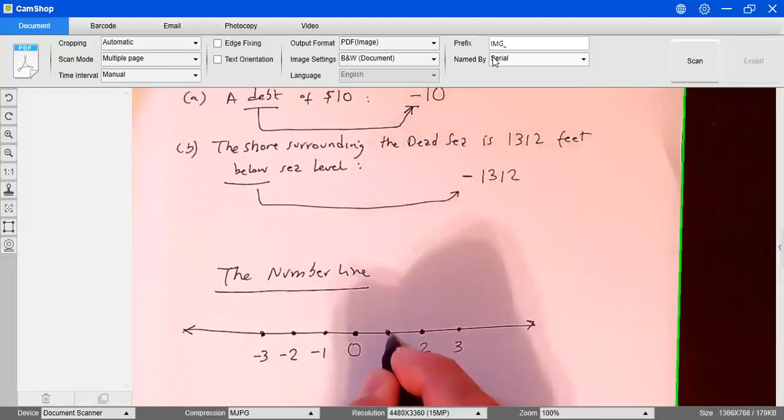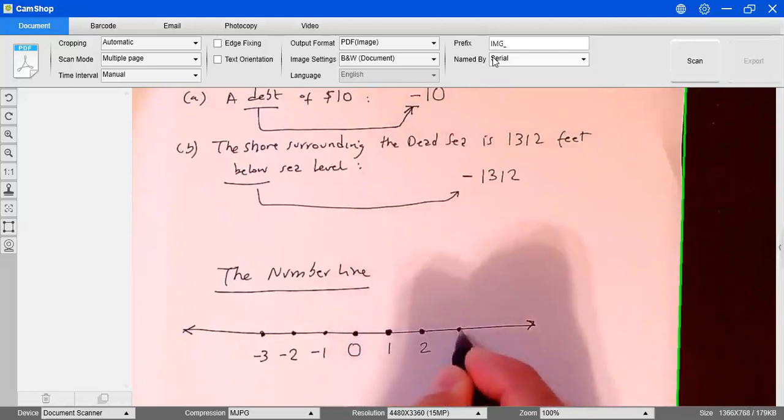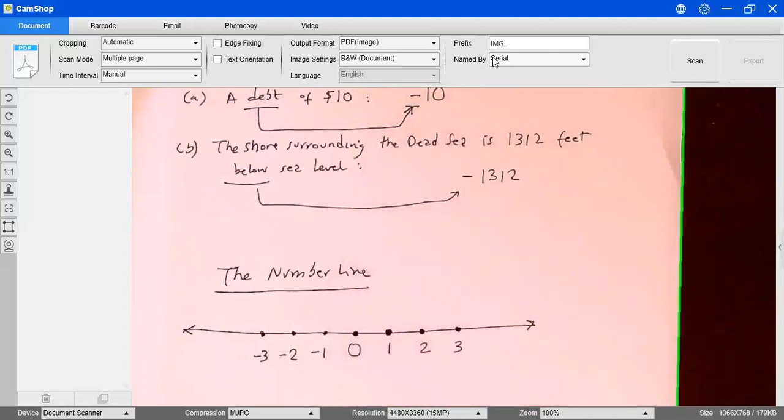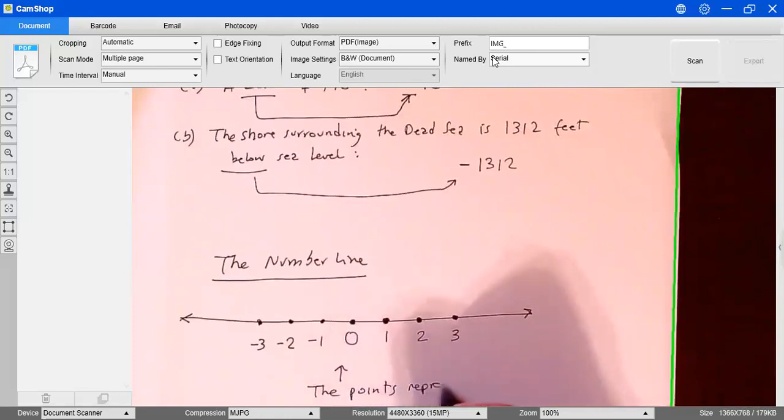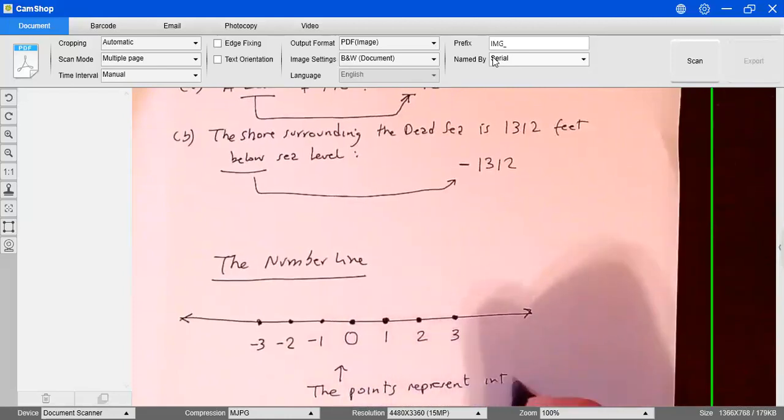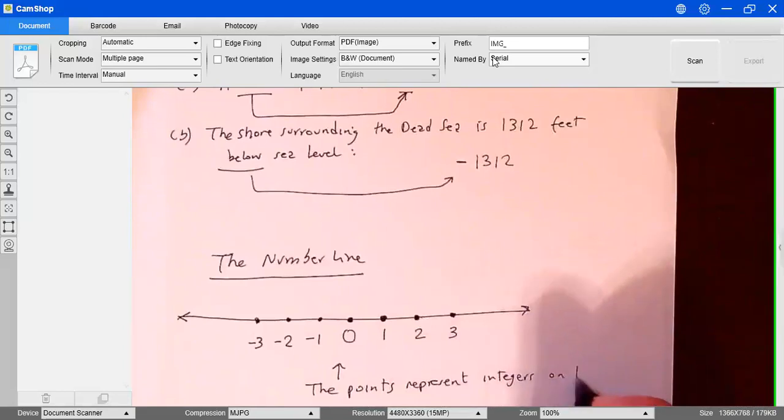Only these marks here are the ones that have meaning. The meaning is that they are representing integers. So these points represent integers on the number line.